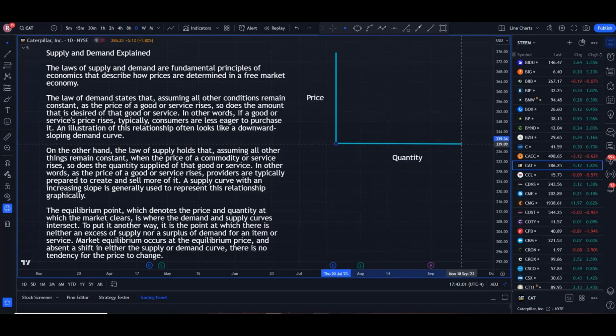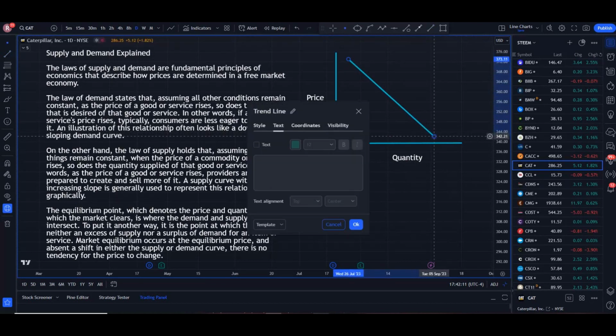And what the demand slope looks like is a line that's represented. We'll put that in green.